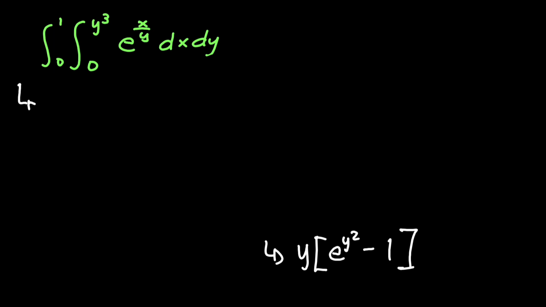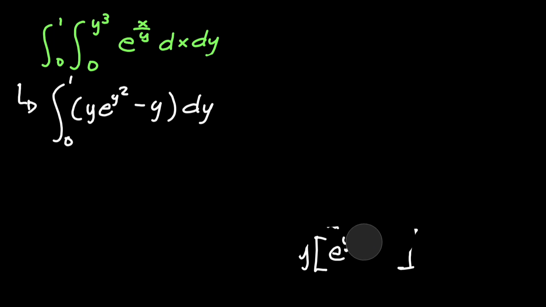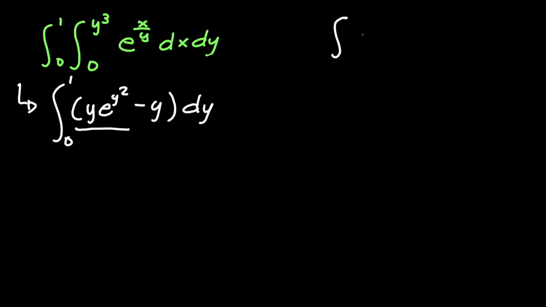And now for the outer integral, you will have the integral of, distribute y. So we'll have y e raised to the power of y squared minus y dy with the upper limit of 1 and lower limit of 0. Now, first we will integrate this one. This would be y e raised to the power of y squared dy.